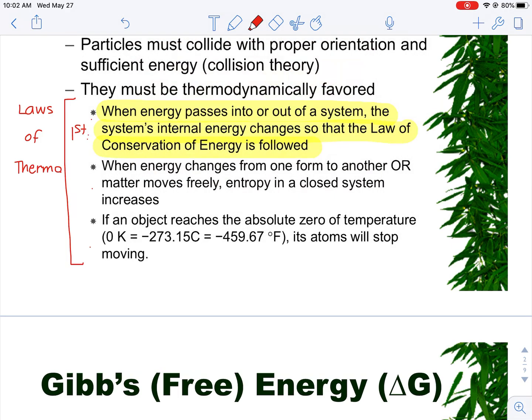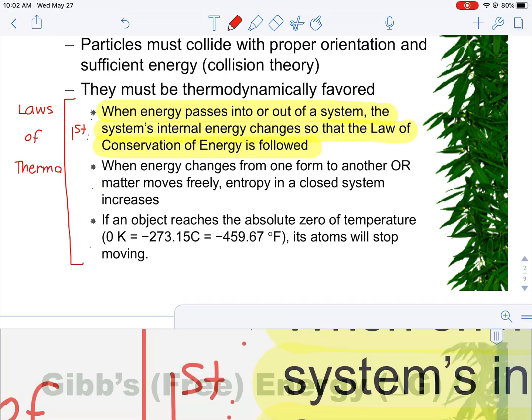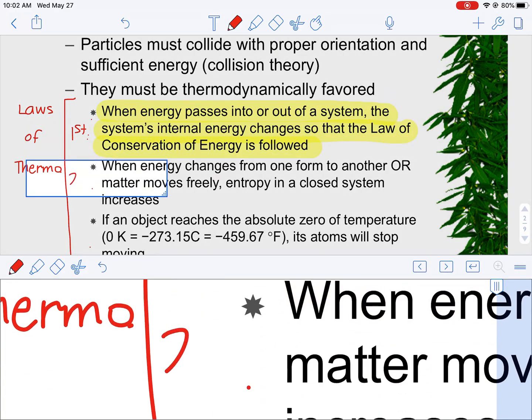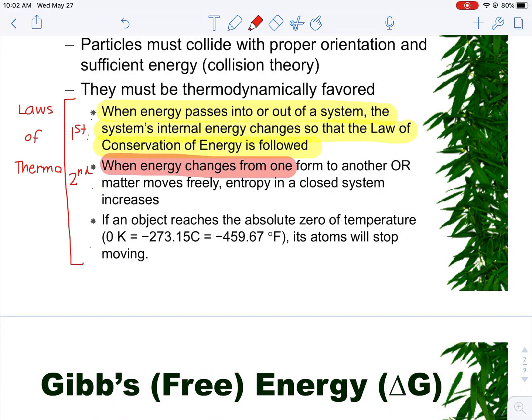The second law of thermodynamics is our second bullet, and it states, when energy changes from one form to another, or matter moves freely, entropy in a closed system increases.